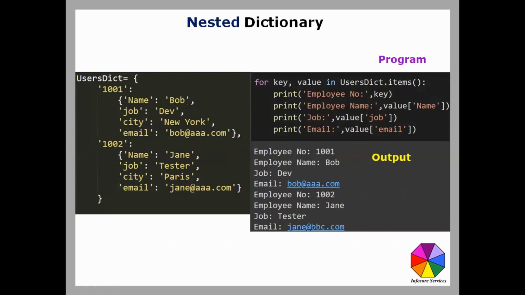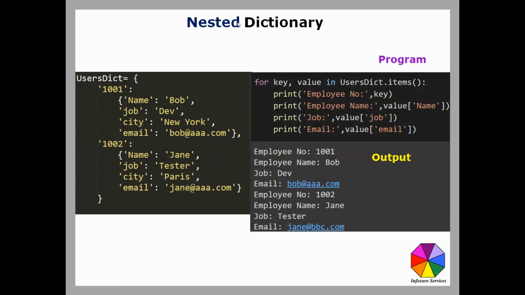Dictionaries can be nested. Let's say I have some portal and a list of users who are logged into the portal, or some data like that. The data here is in key values.